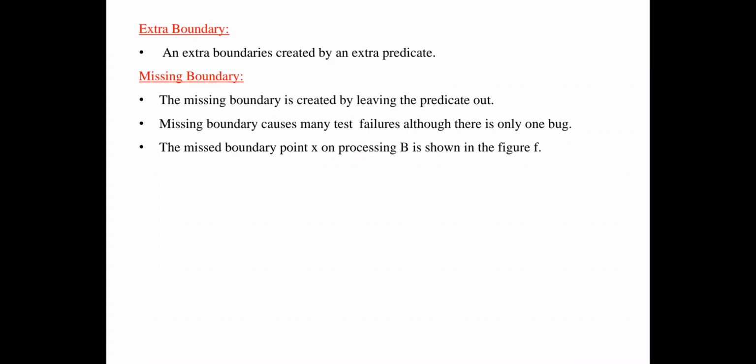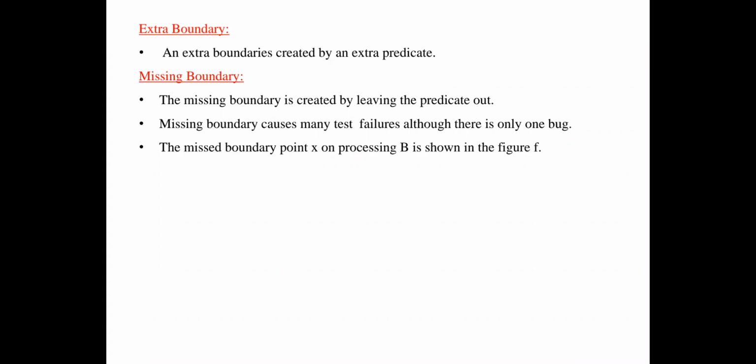Next is missing boundary. A missing boundary is when another boundary has to be represented, but that boundary is not seen, not represented. That is called a missing boundary.